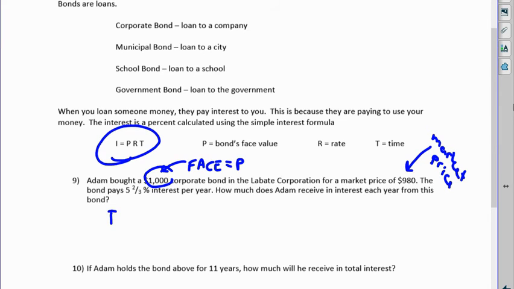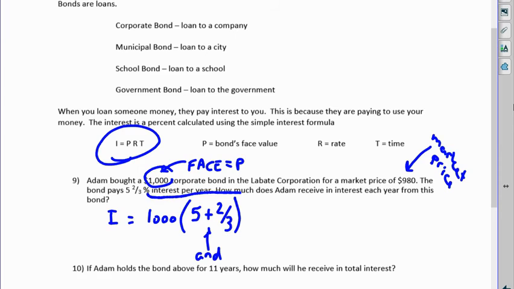So my interest will be the principal times, now I like to put my mixed number in parentheses because that 2/3 is a fraction that has a repeating decimal, and so that I don't lose any of my decimals, I like to put it as a mixed number. The word "and" is why I'm putting a plus sign there.